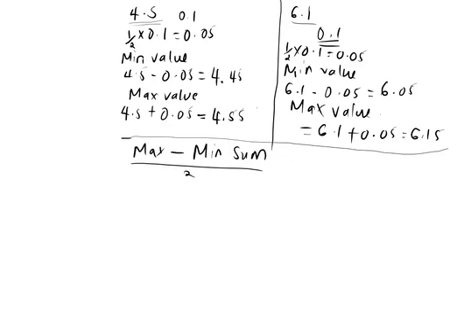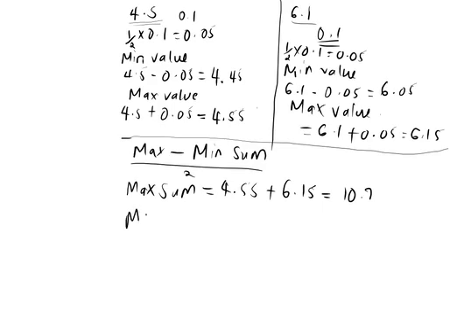So we have the maximum sum, which will be given by the maximum value of 4.5 plus the maximum value of 6.1, which is 4.55 plus 6.15, and this gives us 10.7.